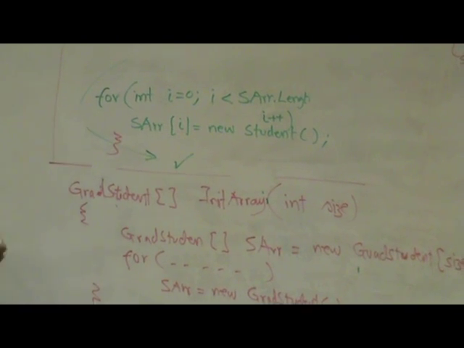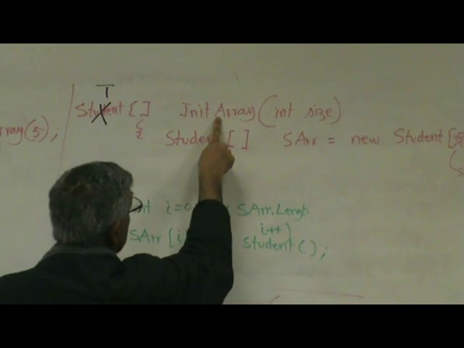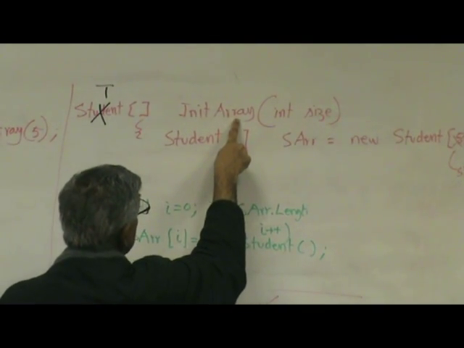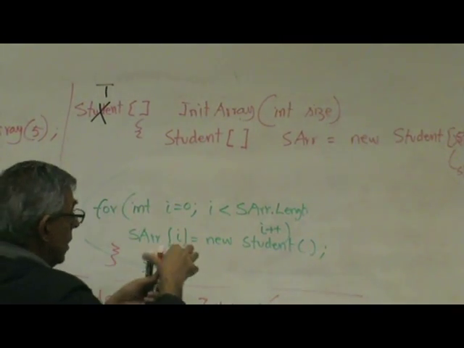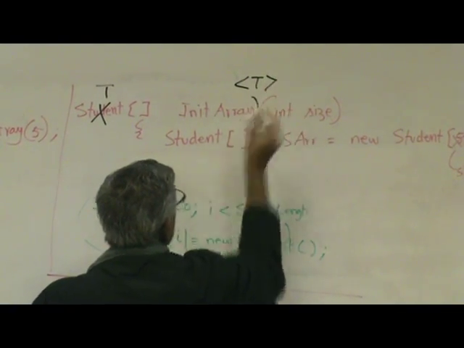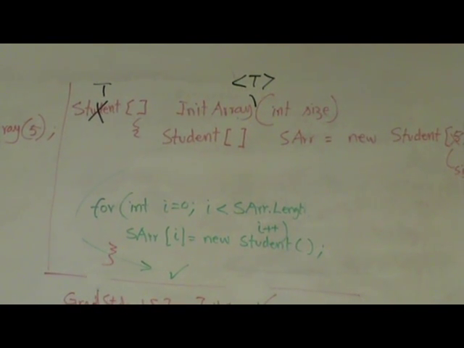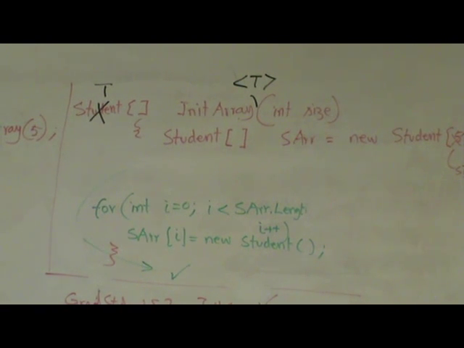Okay, so if this is type T, right, then what does that mean to me? Because the init array function will operate on type T, then after the name of the function, what do we have to do? Placeholder. We have to indicate that T is going to be our flexible type, right, or the generic type. Okay, now let's go to the next line.